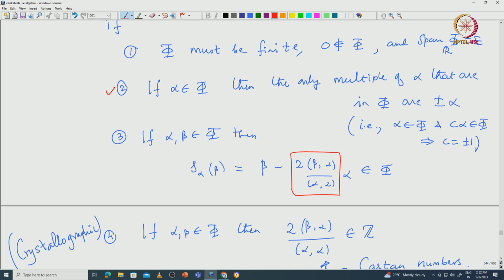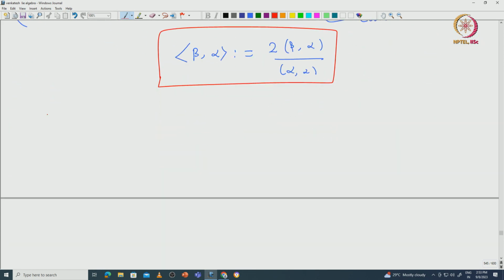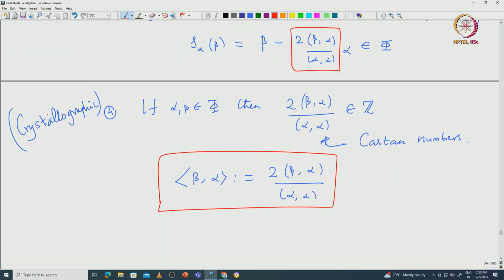If the second condition is satisfied, it is called a reduced root system. In the literature, if condition 2 is dropped, it is called a non-reduced root system. Of course, in this course we will not consider non-reduced root systems.